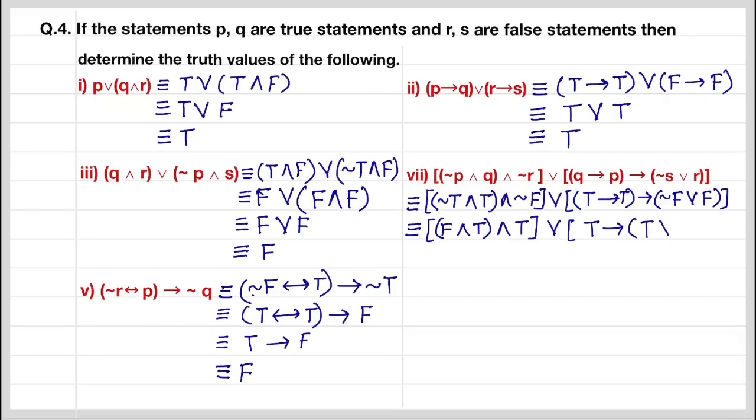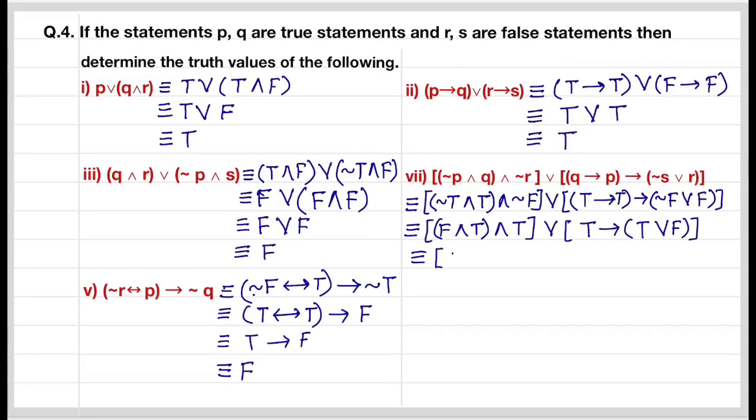And negation of F is equivalent to T or F. F and T. All logical connectives as they are.